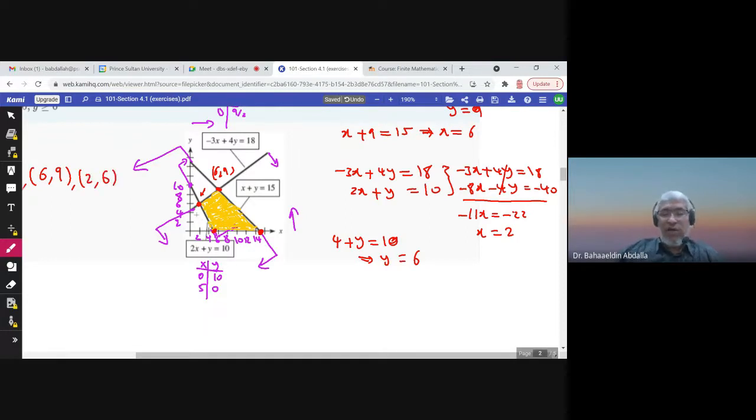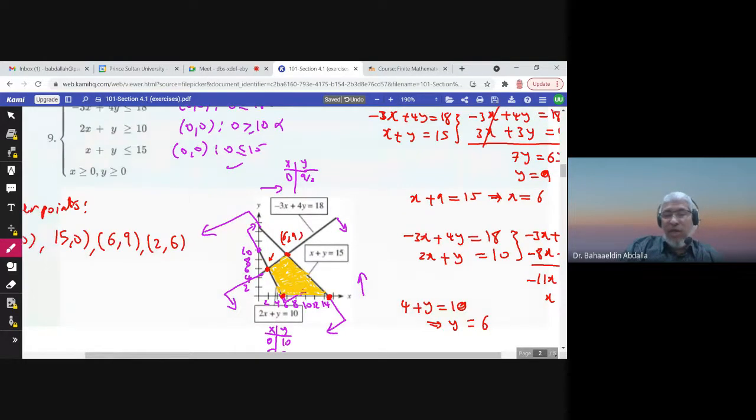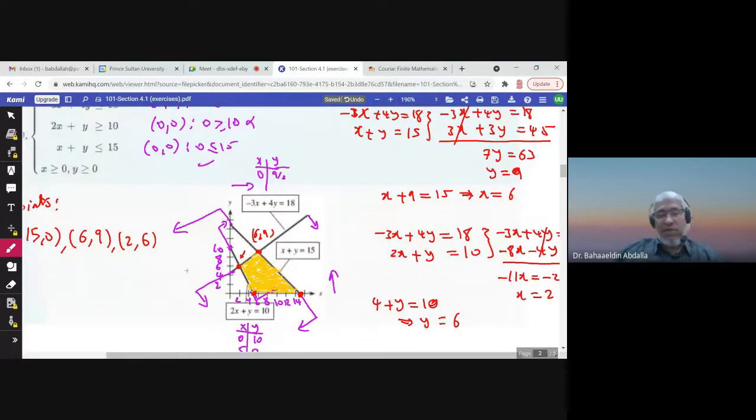So you can find it from the graph, and you can check that algebraically, either by solving them or by substituting 2, 6 in these two lines. Make sure that the two lines pass by this point, the point 2, 6.